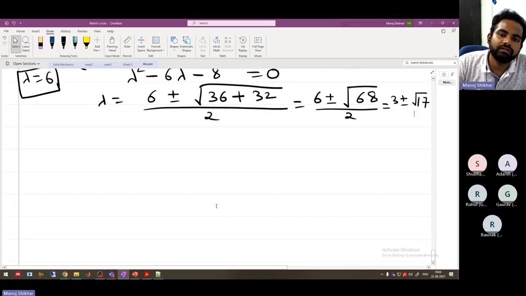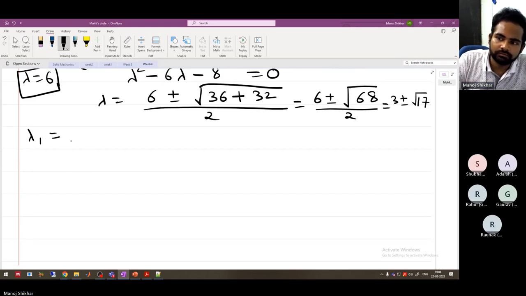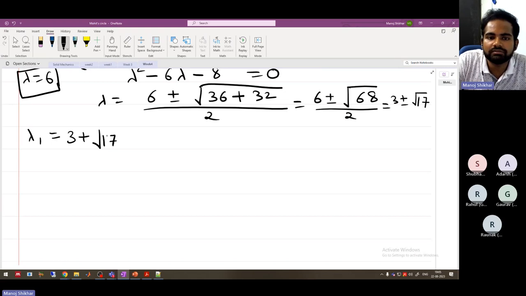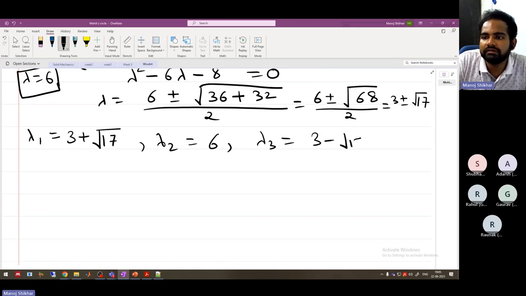So our stresses are... root 17 is about 4. So our lambda 1 will be 3 plus root 17. Lambda 2 will be 6. And lambda 3 will be 3 minus root 17.